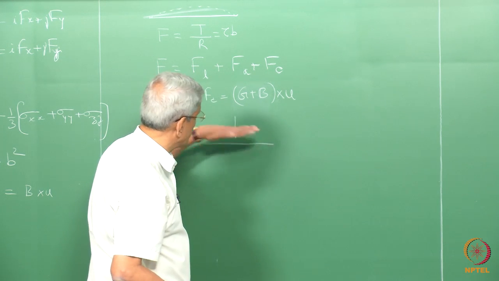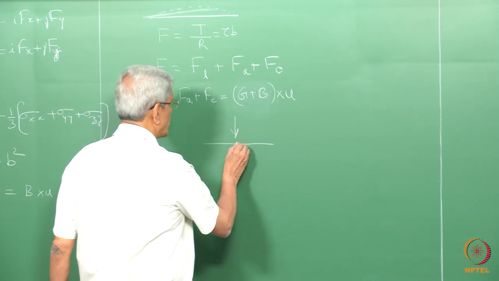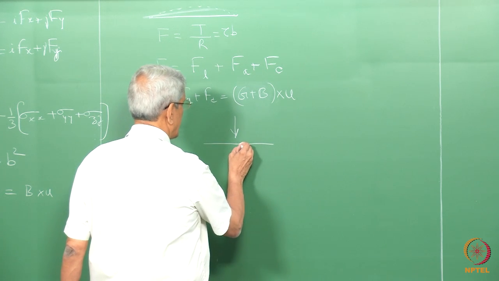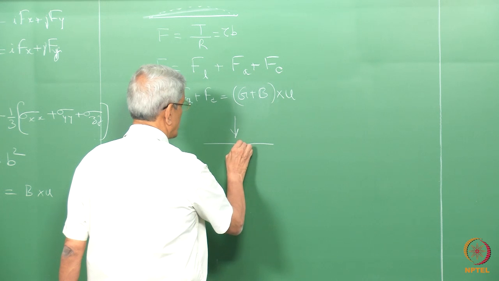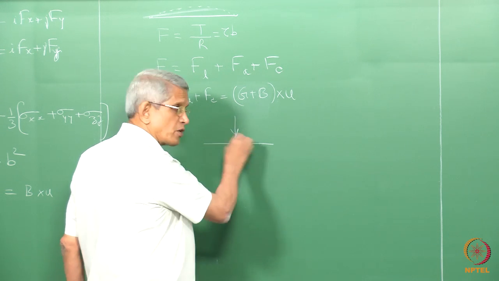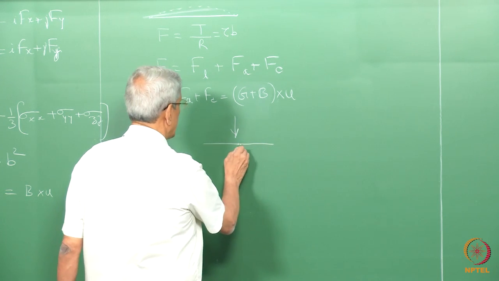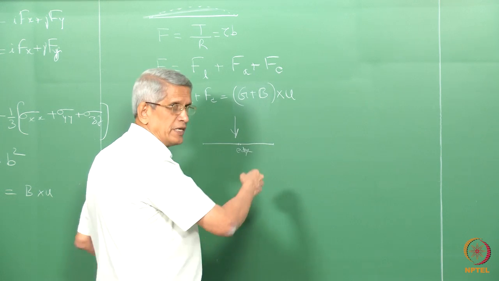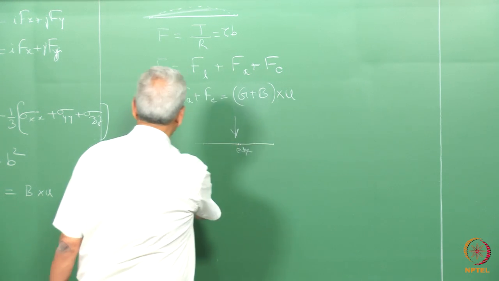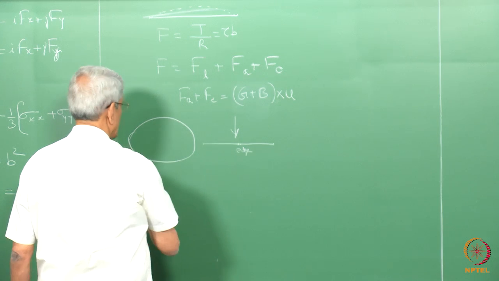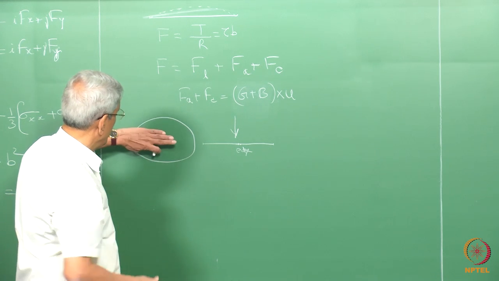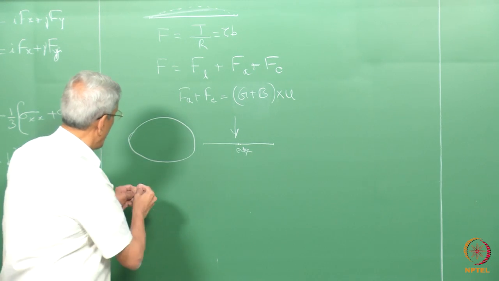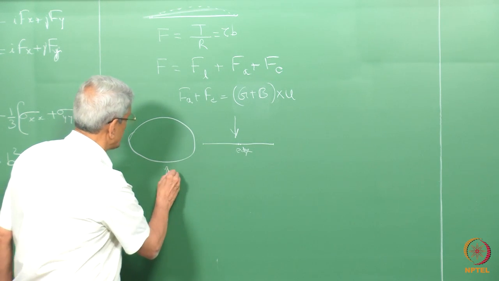Suppose we assume that this part of the dislocation, the projection, is an edge component, and these two ends which we see are essentially a circular dislocation. We are just looking at the dislocation from this direction.